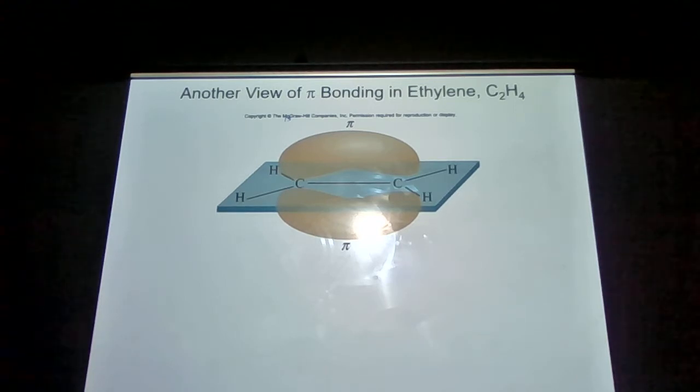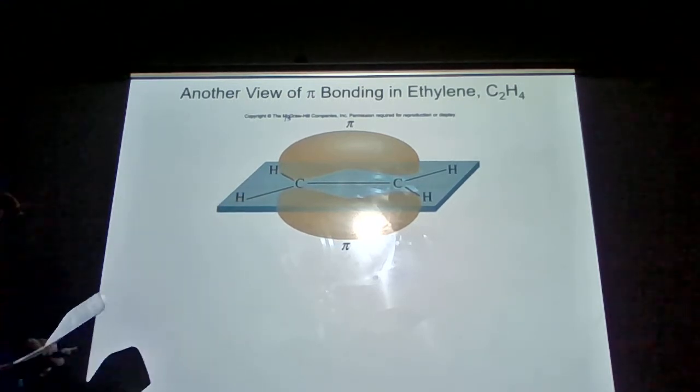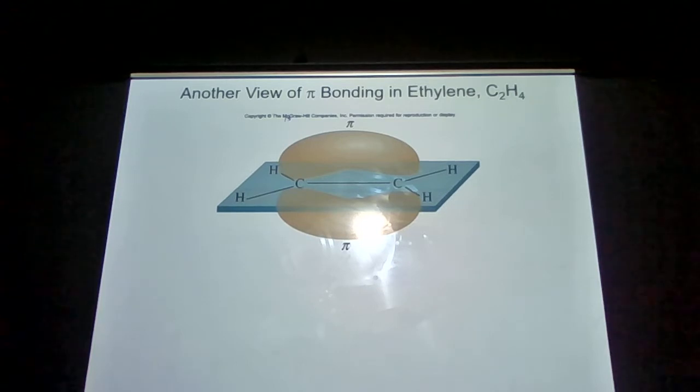The sigma and the pi bonds are 2 very different kinds of bonds. The bond strength of the carbon-carbon double bond is 620 kilojoules per mole, and that of the carbon-carbon single bond is 347 kilojoules per mole.